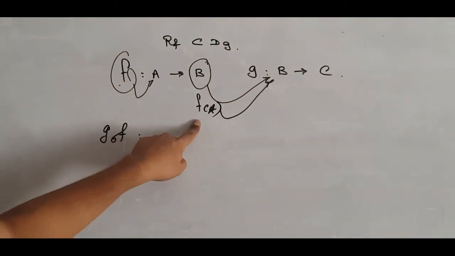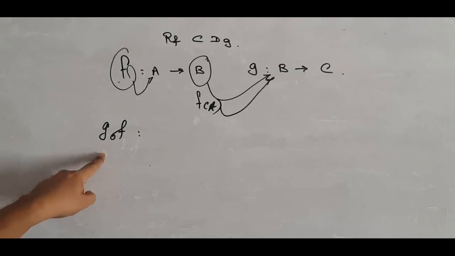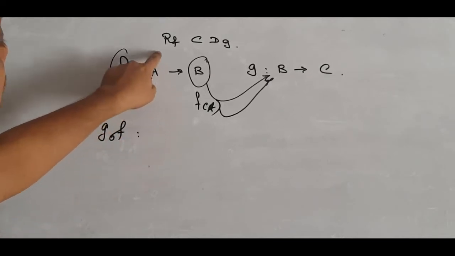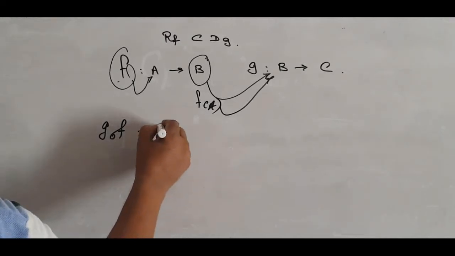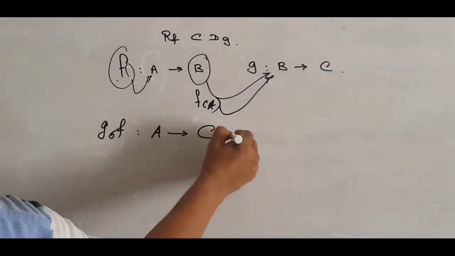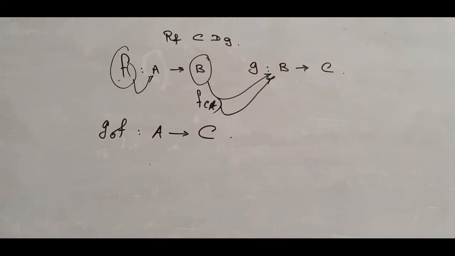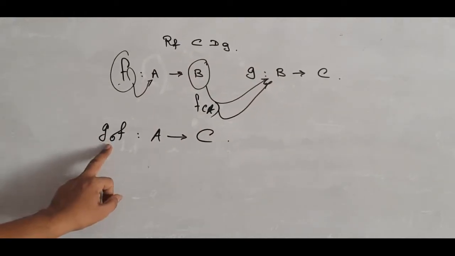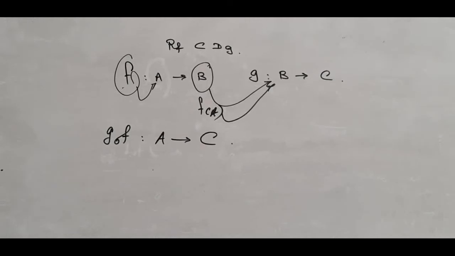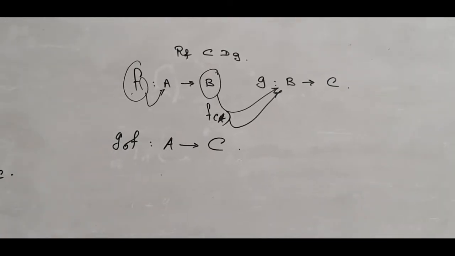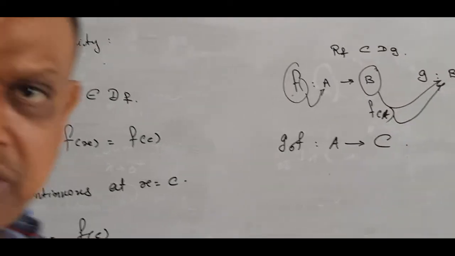At f(a). So GOF should be continuous at what? At every point of the domain A of the function, because the GOF function becomes A to C. So GOF is always continuous at every point of the domain of the GOF. So this is the story of continuous functions.